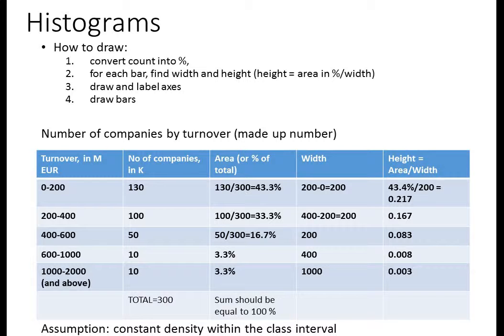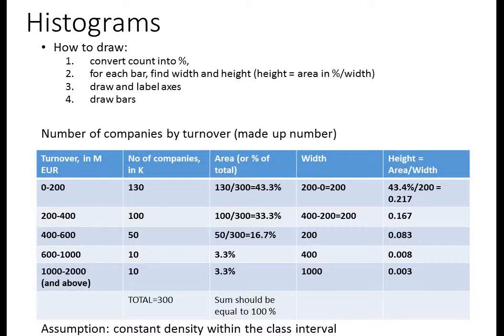So we see that we have 0.2% of companies belonging to every million of turnover in our first interval compared to less than 0.2 in the following intervals. And then we have steps 3 and 4 of how to draw a histogram.